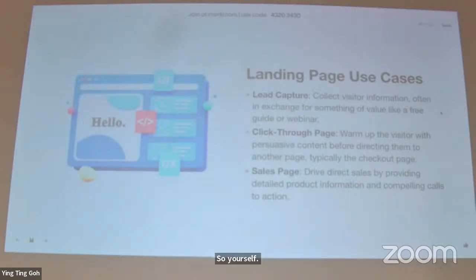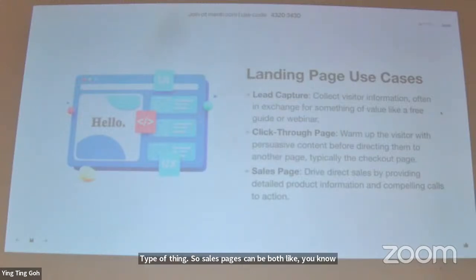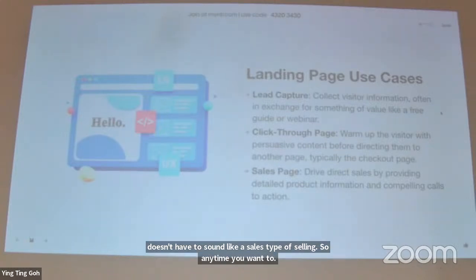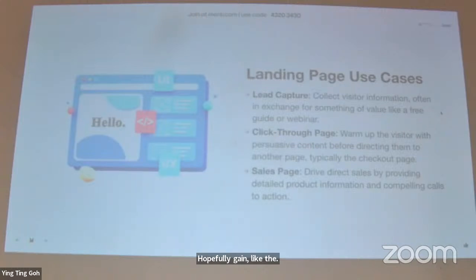Sales pages can be e-commerce, or maybe you're a freelance photographer and you want to put your information there. So it is also a form of sales page, as much as sales doesn't have to sound like a salesy type of selling. Anytime you want to gain a customer or gain a client, you go through a prospecting process.